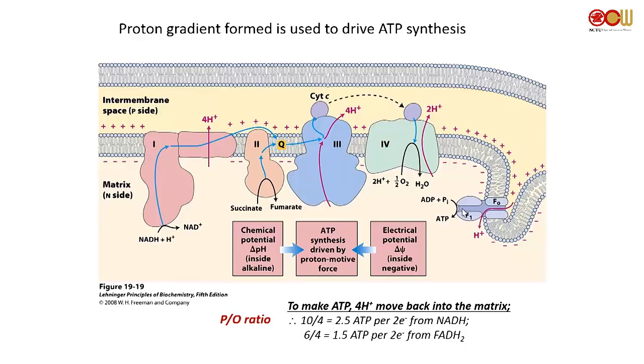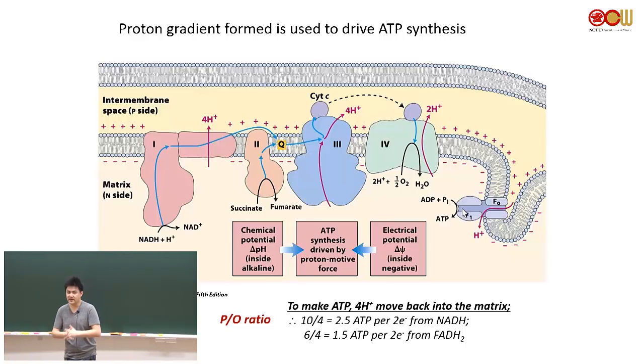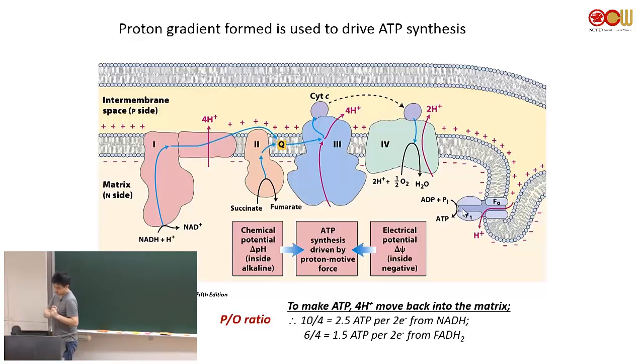So as a result, you will generate this proton gradient. For NADH, you can get 10 protons into the intermembrane space. For FADH2, you only get 6 protons. So this is the reason why you get 2.5 ATP and 1.5 ATP respectively.